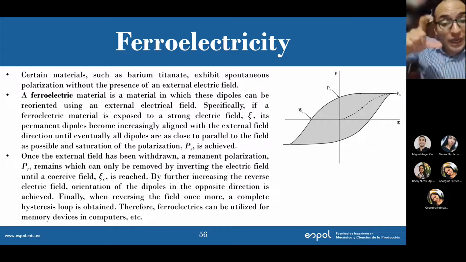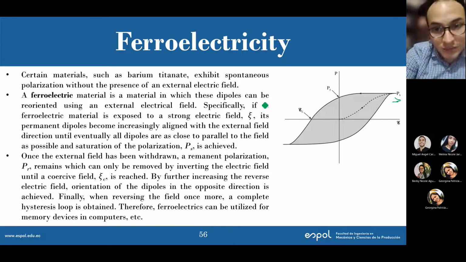All those dipoles will start to align with the external electric field. They will become parallel to the field until I get a saturation polarization. So I get this value. If I withdraw my external electric field, I will have a remnant polarization.